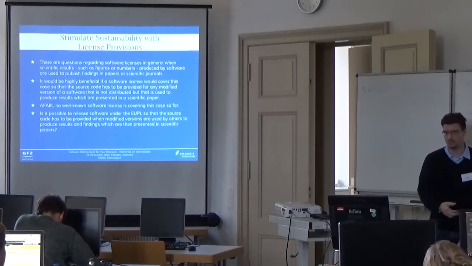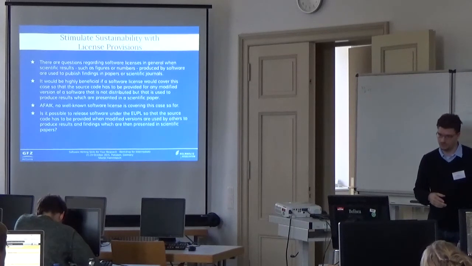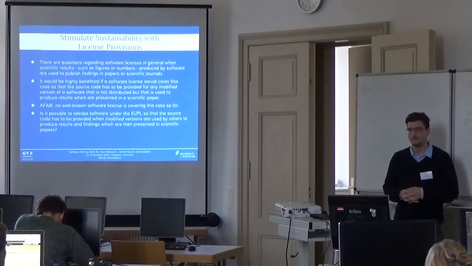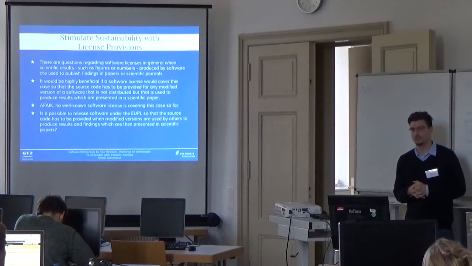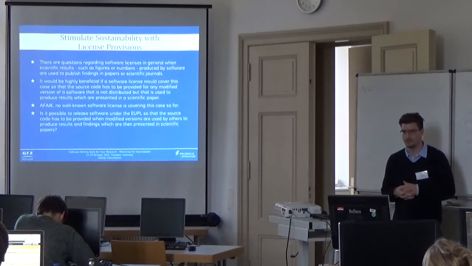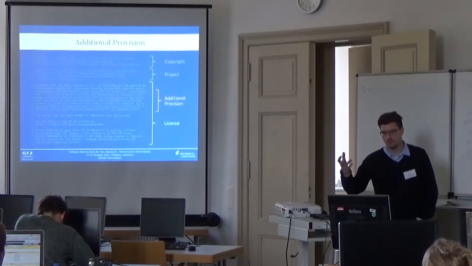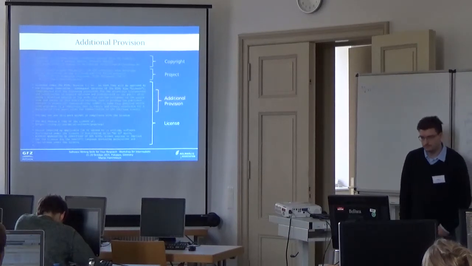It's still on the desktop of the researcher who just has published a paper, but that is used to produce results which are presented in a scientific paper, and there's almost no license out there which is covering the case, and in this way you can start using these additional provisions.